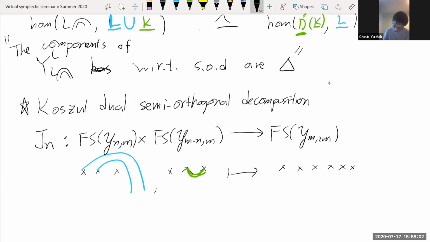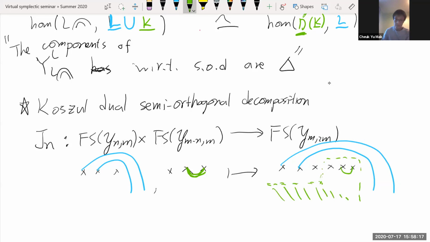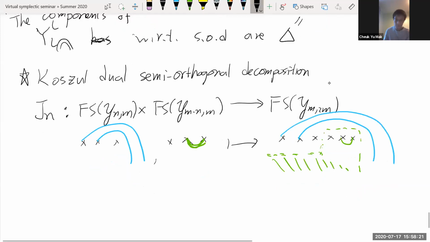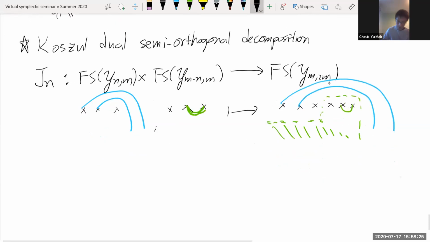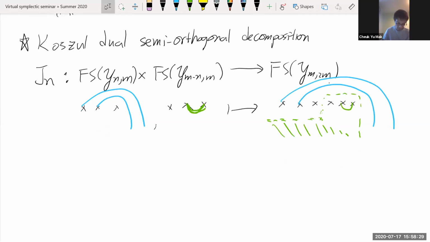So basically you put everything, you put the green region here.